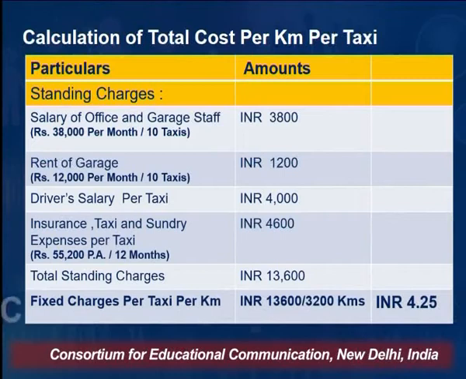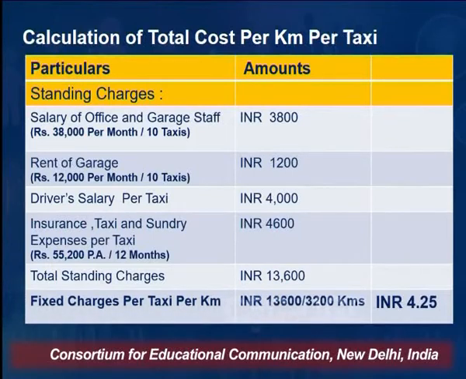So what have we aggregated? We have aggregated the salary of office and garage staff. We have computed the rent, insurance, taxi and other charges, and the total cost comes to be 13,600. Now we'll calculate the fixed charges per taxi per kilometer. This is basically a monthly cost, so 13,600 is supposed to be divided by 3,200 kilometers.